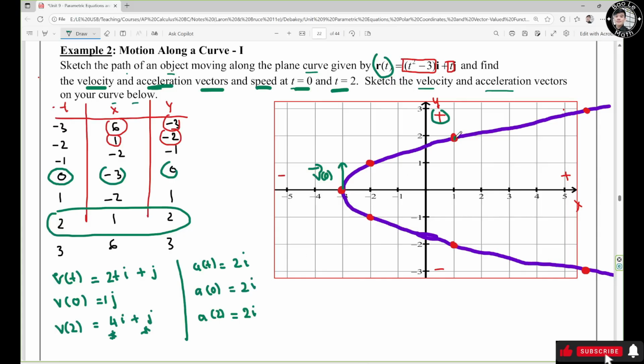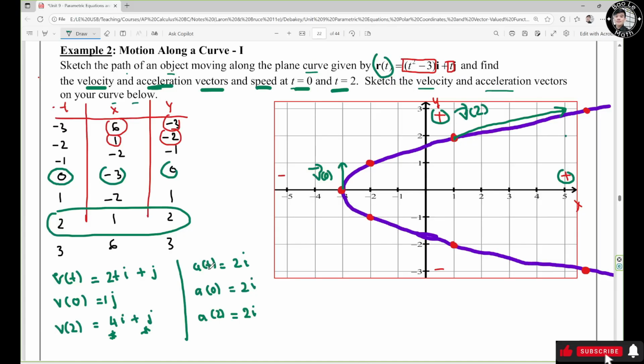So right at this one, the x component is 4, it's going to the right because it's positive. So you count 4 to the right, and this is 1 up, right? So it will be right here. So you just get this one. Alright, so this one is v of 2.